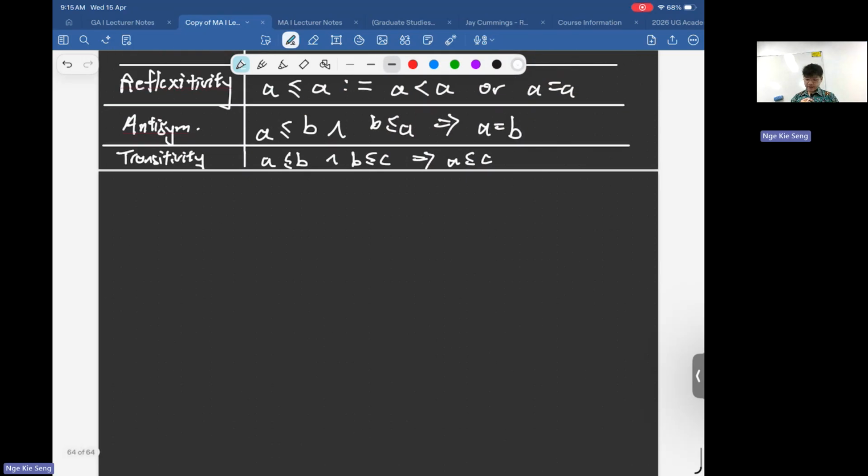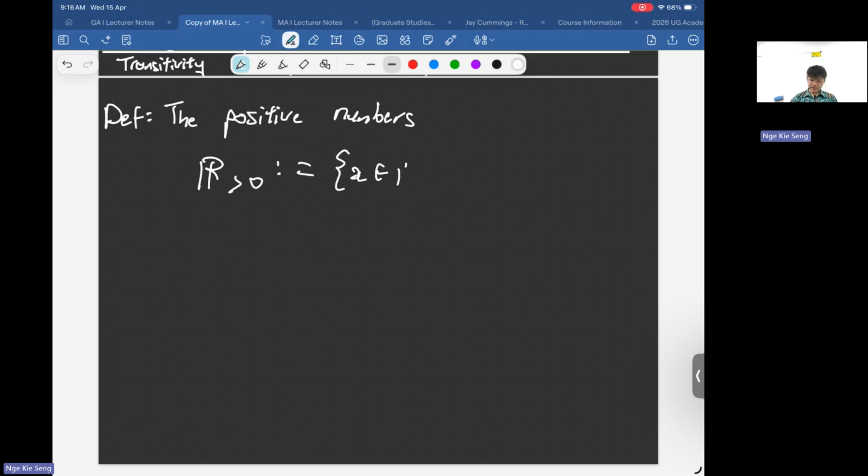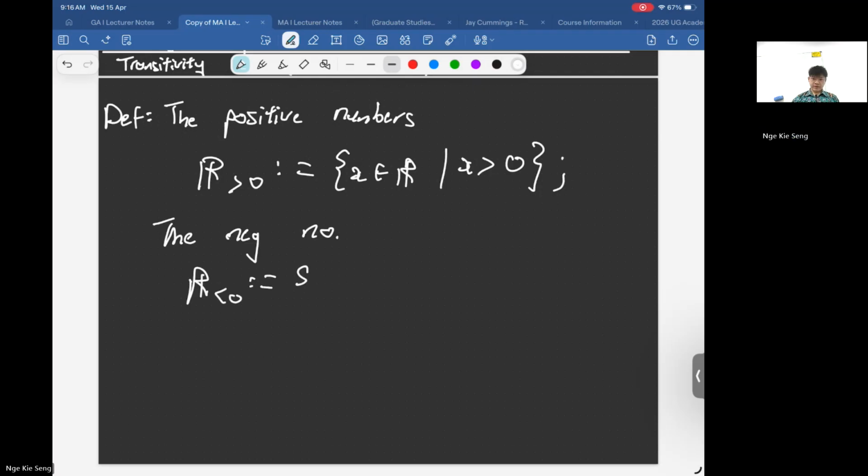Okay, good. Next, we'll define something called the positive number. Maybe you might think that this is quite trivial. Let me write down first. The positive numbers, let's denote as R greater than 0, are all the real numbers such that x is strictly greater than 0. The negative numbers, R less than 0, are all the real numbers such that x is less than 0.